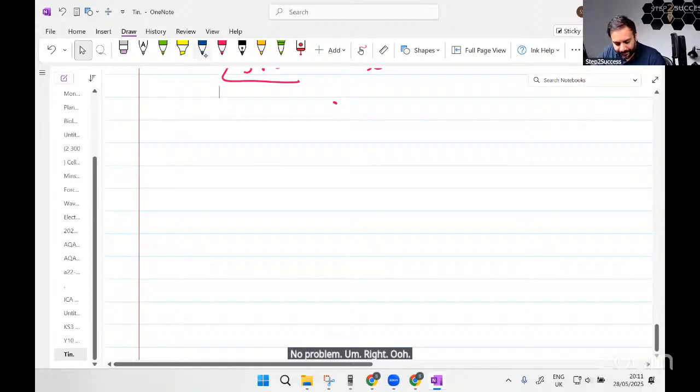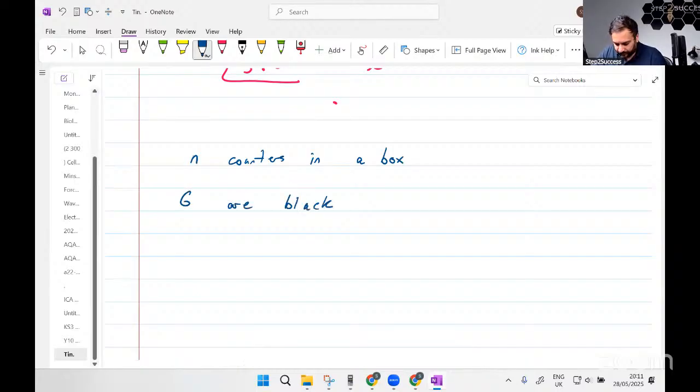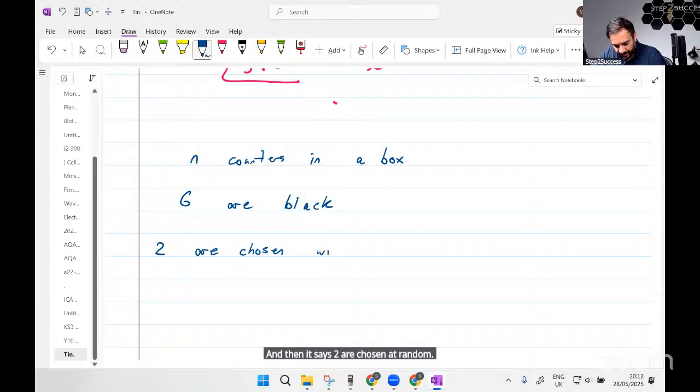Right. The question is, there are n counters in a box. 6 are black. And then it says 2 are chosen at random without replacement.